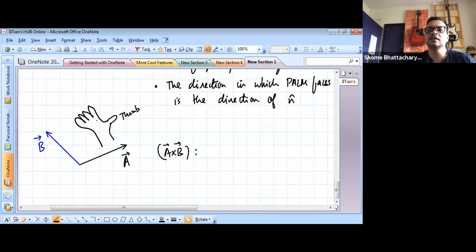Okay, so you'll see that our palm is on top. So that means the palm is facing in which way? It's facing towards us. It's coming out.